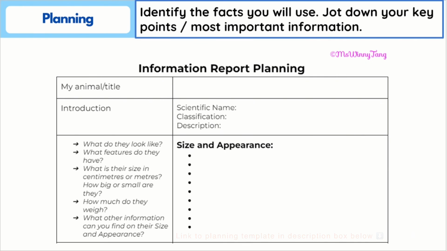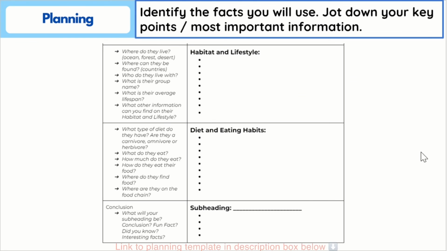So that's there for your intro, for your size and appearance, and then part of the template will also include habitat and lifestyle, diet and eating habits, and your conclusion. If you'd like to have a look at how I put the information that I've gathered into the planning template, then you can have a look at my planning video.